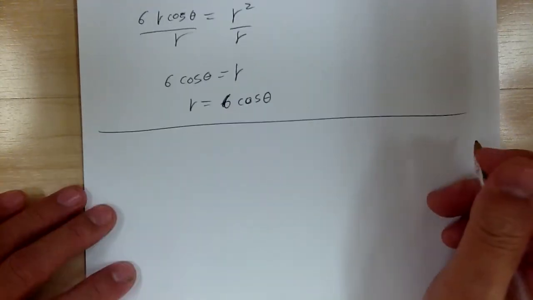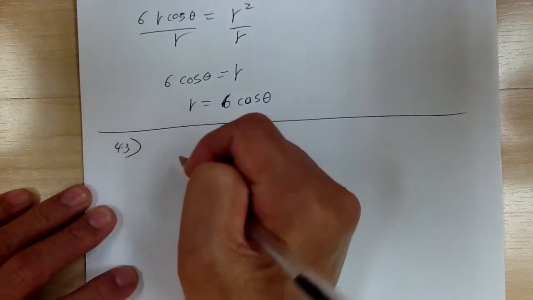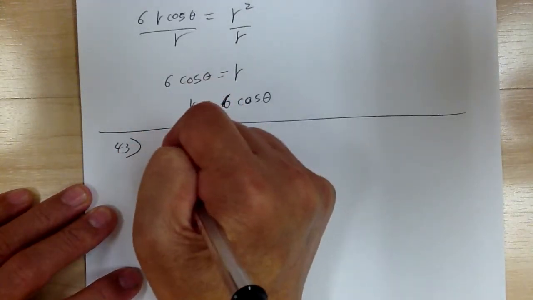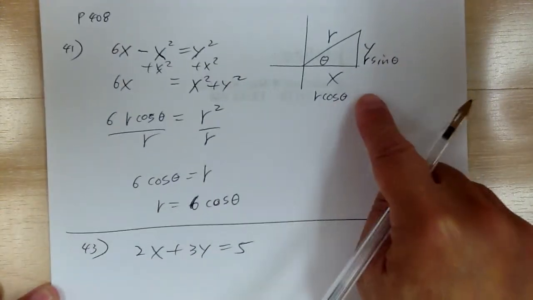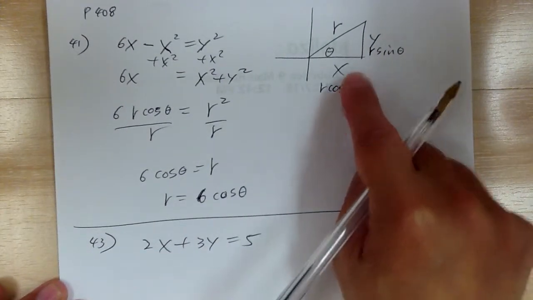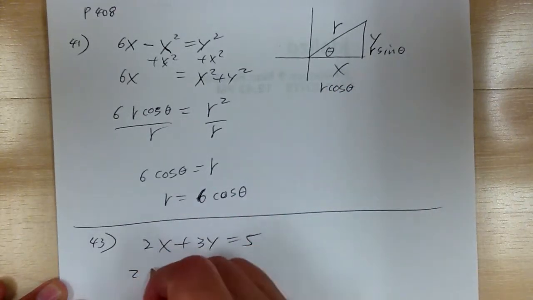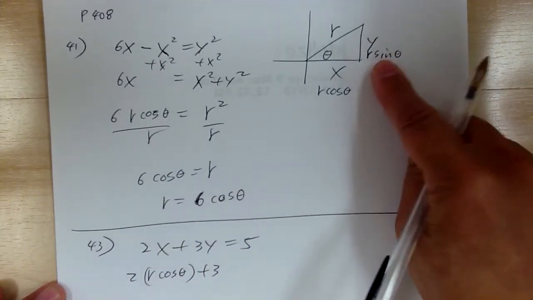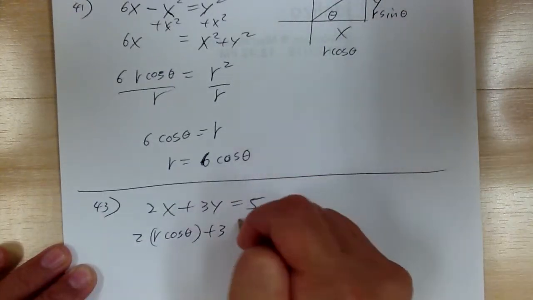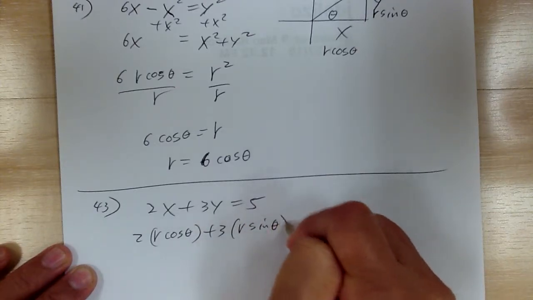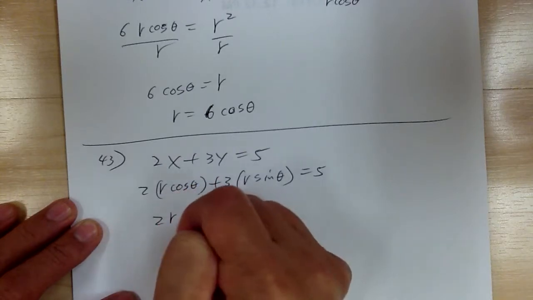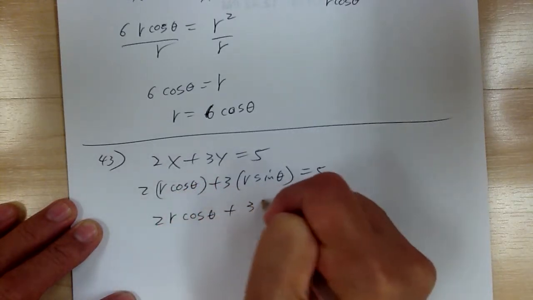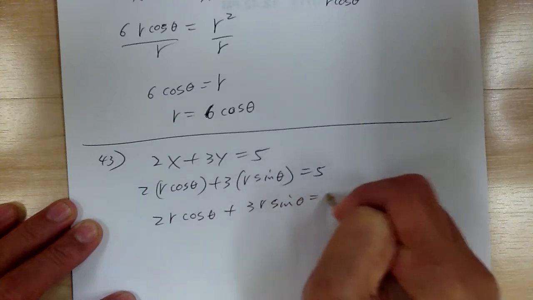Let's go to 43. You have 2x plus 3y equal to 5. You have to memorize this picture. x is r cosine theta, so you get 2r cosine theta, and y is r sine theta, so plus 3r sine theta equal to 5.